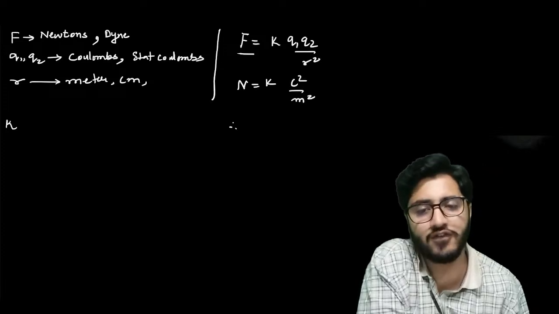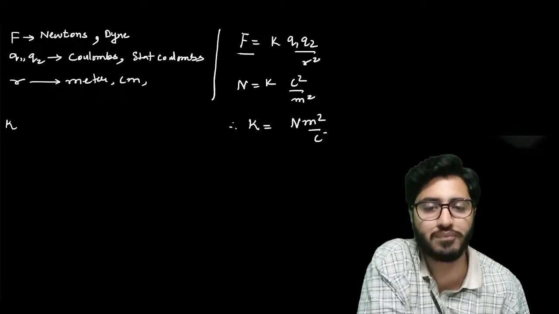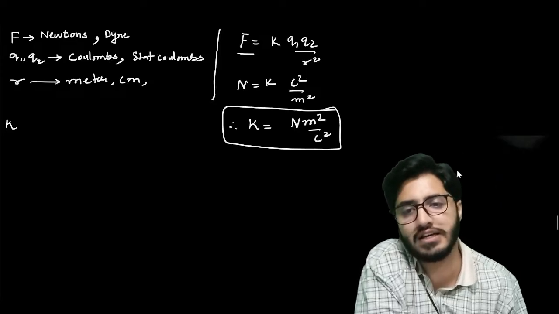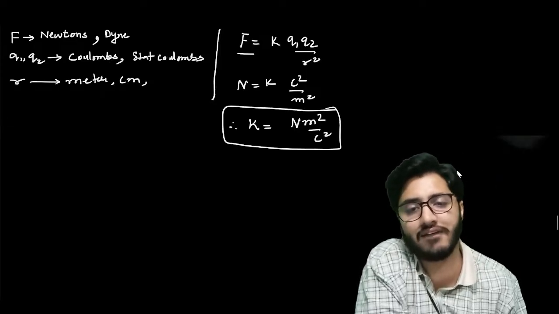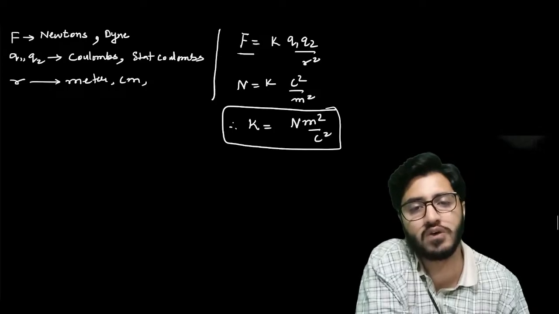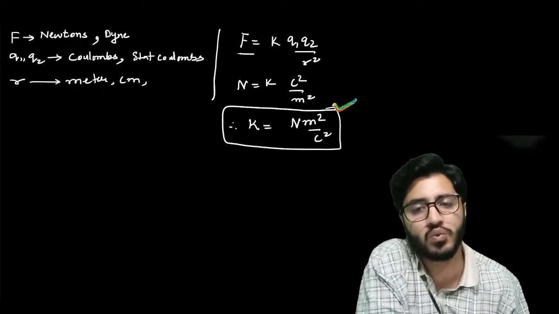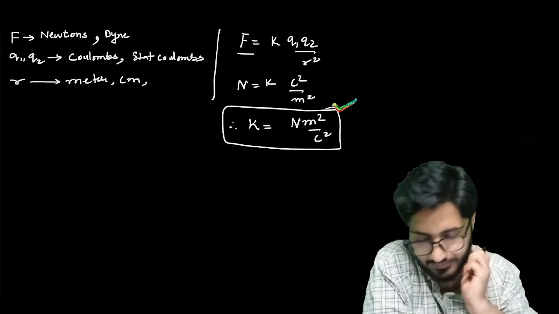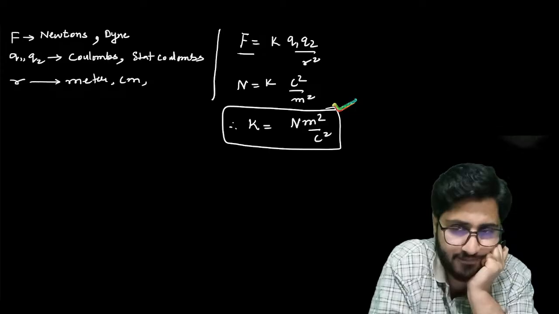Therefore the unit of K would be newton meter square per coulomb square. Okay, this is the unit of K. You have to remember the unit of K. Simple as it is.